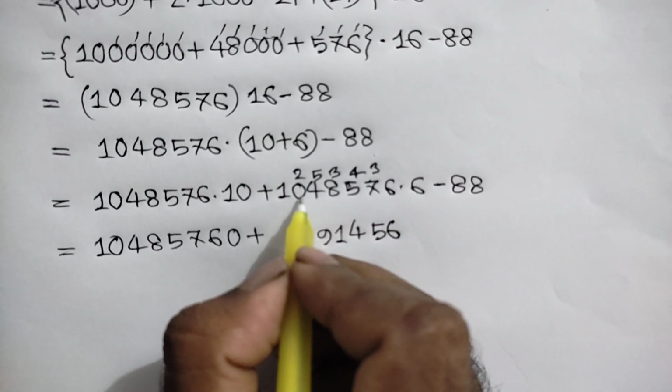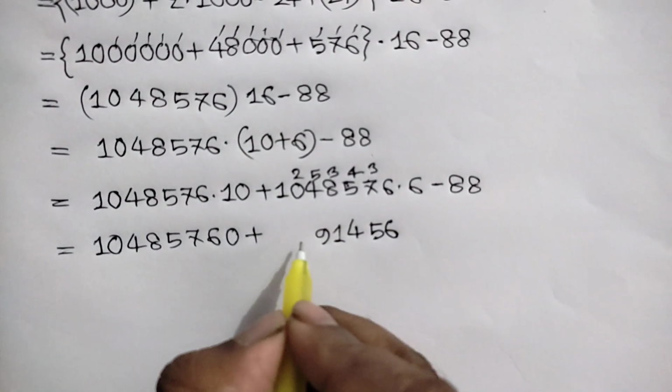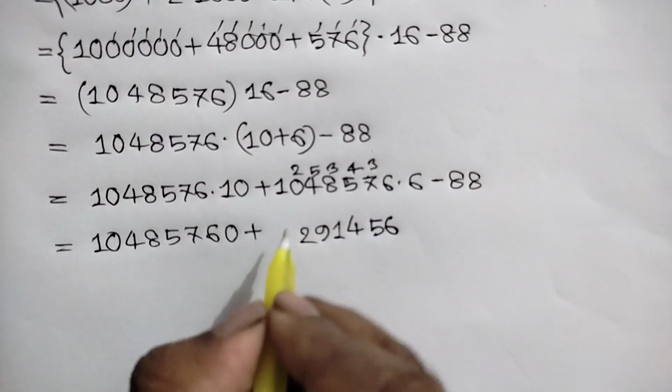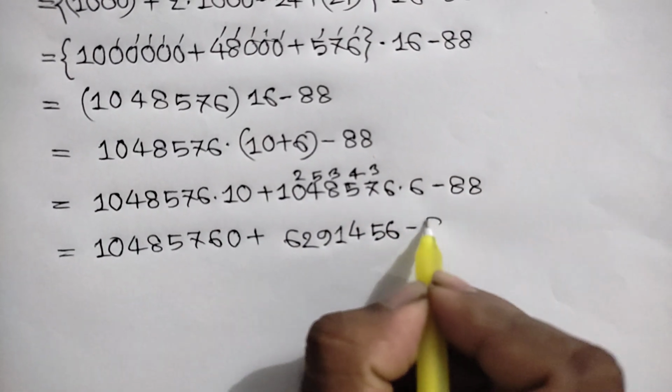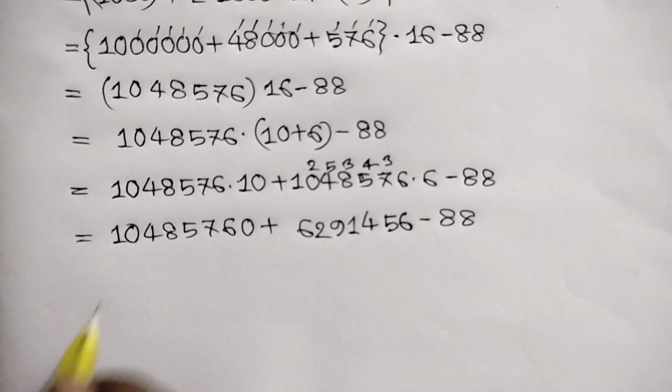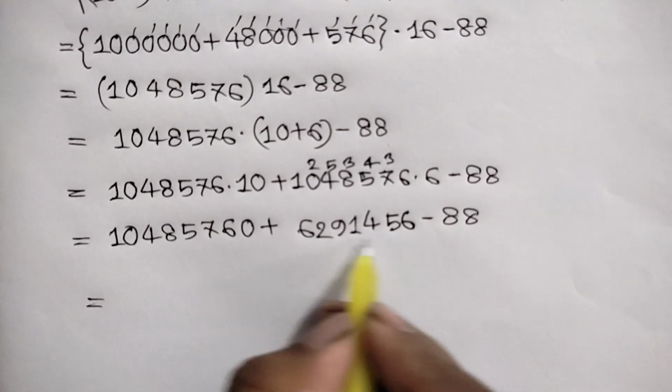Now 6 times 0 is 0, plus 2 is 2, now 6 times 1 is 6, minus 88.